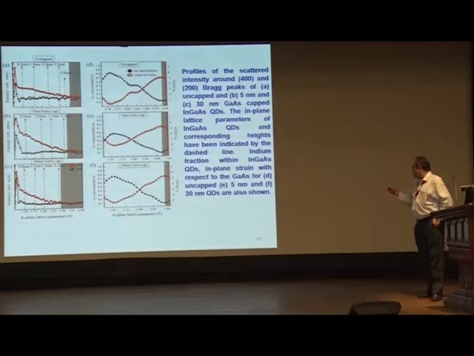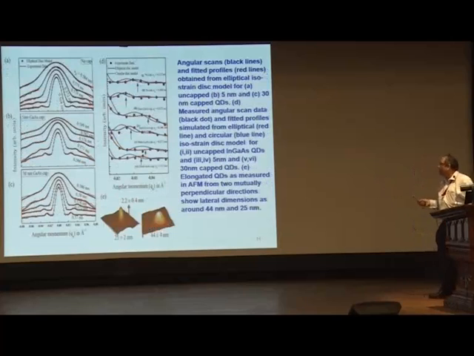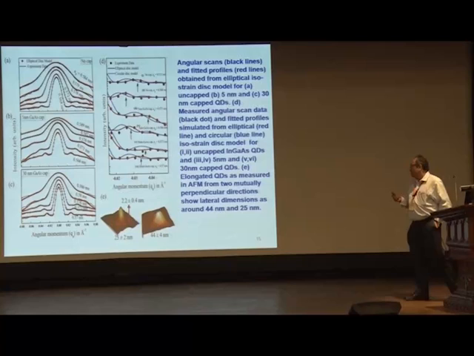So, we did all this measurement, and finally, what was surprising is we found that from the shape of the X-ray scattering line shape, we could see that it is not a circular disk or a quantum dot having a circular base.